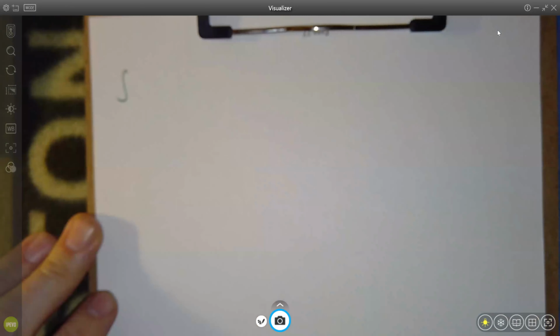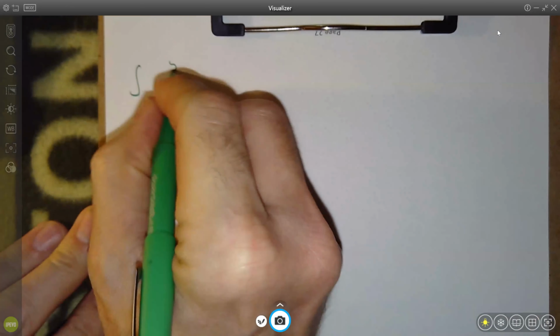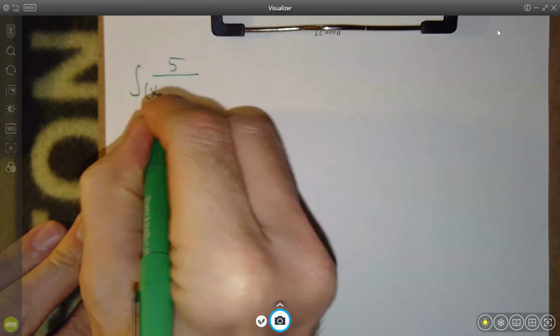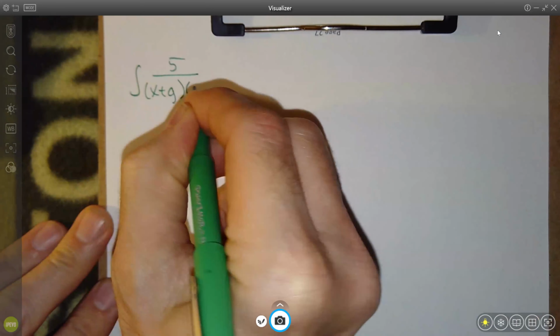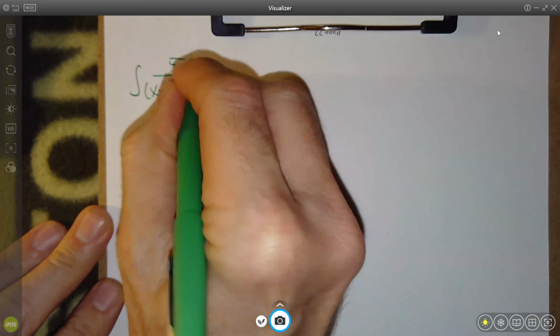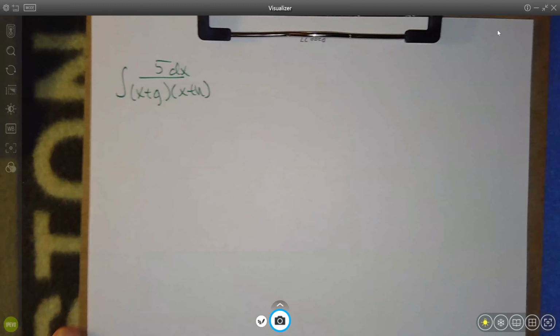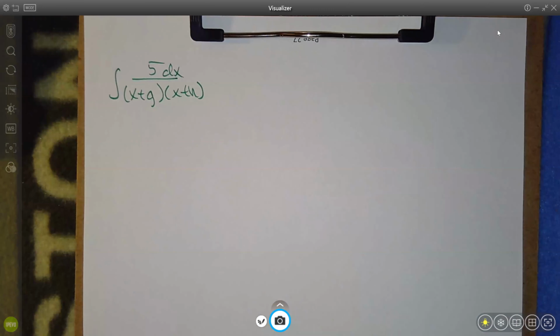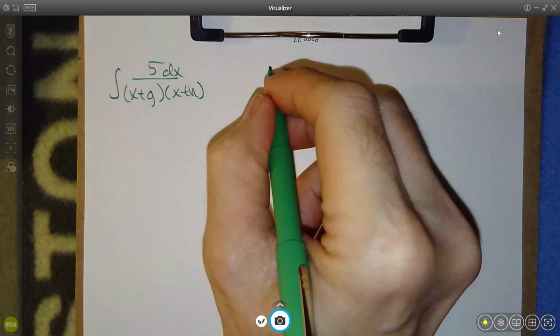So the integral of 5 over x plus g and x plus h. Let's put the dx up here. Okay, well, this one's a little bit of a mess, to be quite honest. So let's see. Well, we can still break it up.